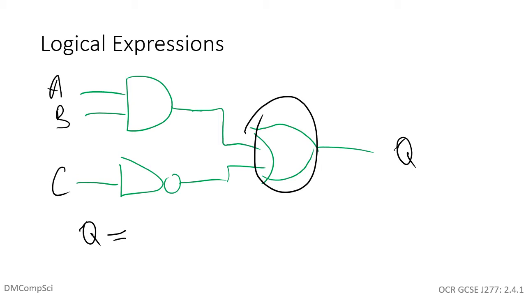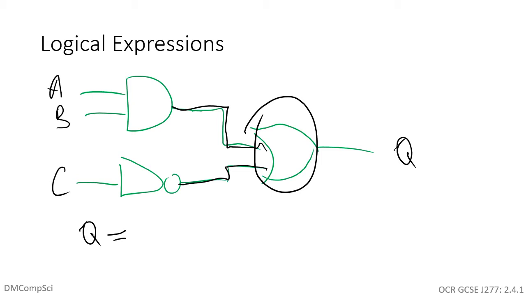The next thing we need to do is identify the inputs for this central operator. So if we look here, we know we've got an input coming from here and an input coming from here. We'll start with this top input here, and we can see that it's actually the output of a gate.